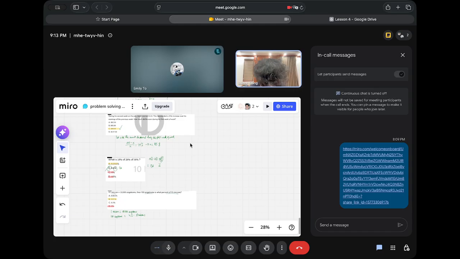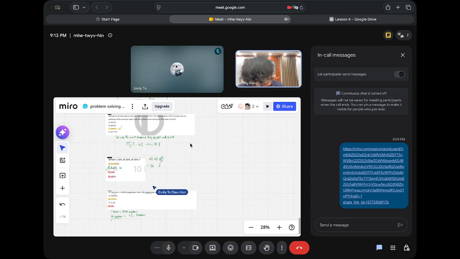So what we need to do here is multiply each side by, let's say, 100, to make the 10,000 angstroms equal, right?